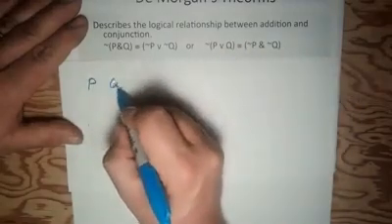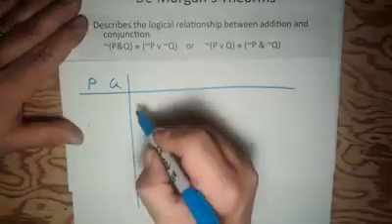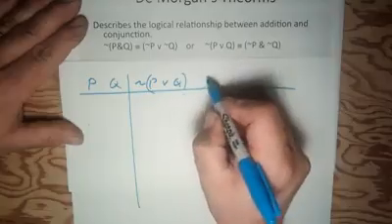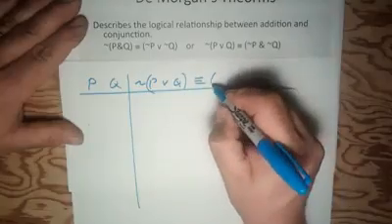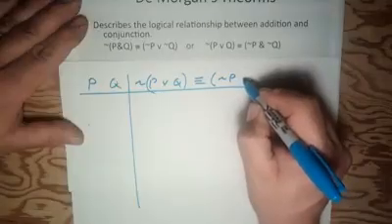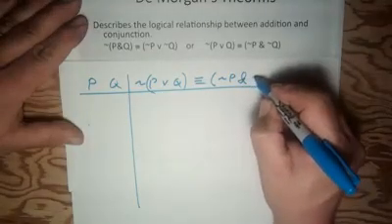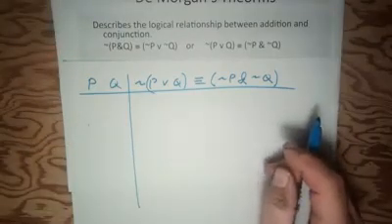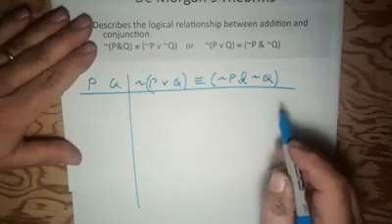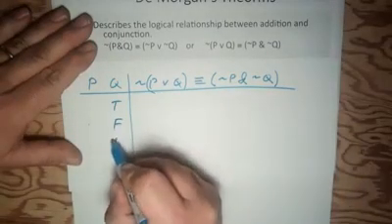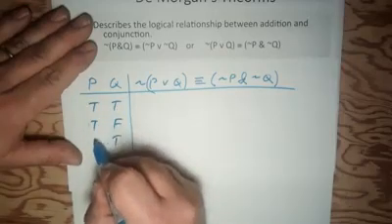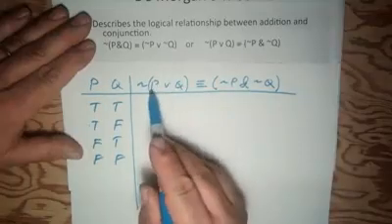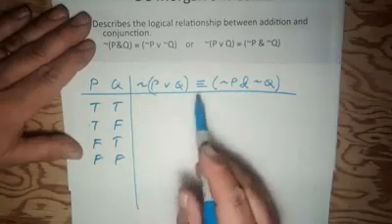So again, for P and Q, so now we'll work inside the brackets and then out on both sides.